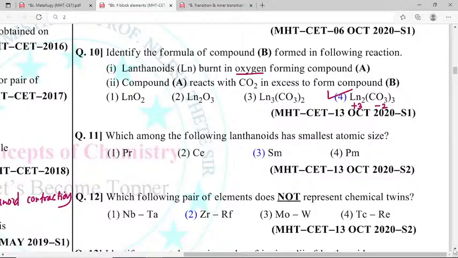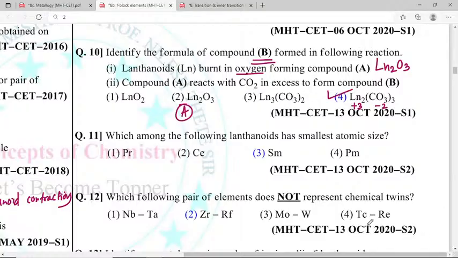First, what is A? A is Ln2O3. The question asked for B. So what is B? Ln2(CO3)3, lanthanum carbonate. Oxidation states are balanced so that lanthanum is +3 and carbonate is -2.